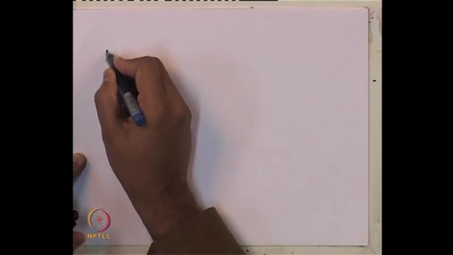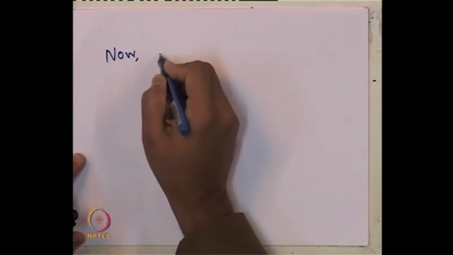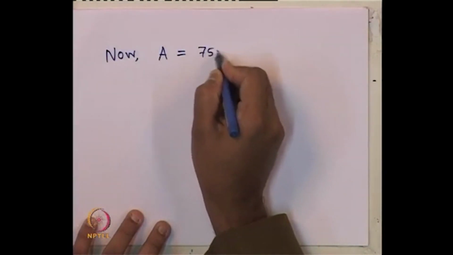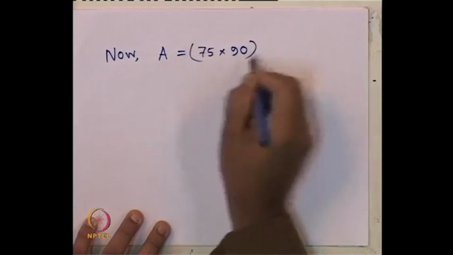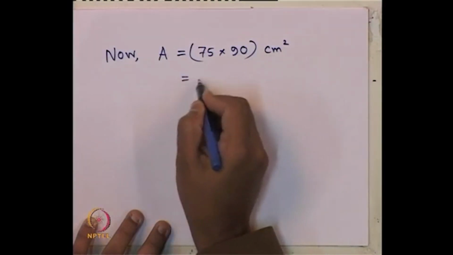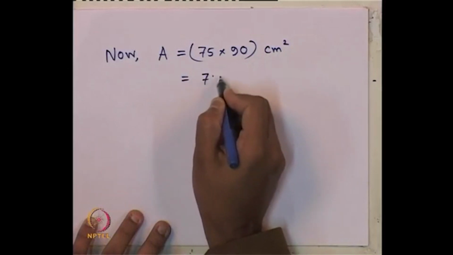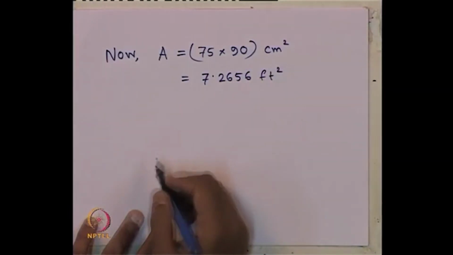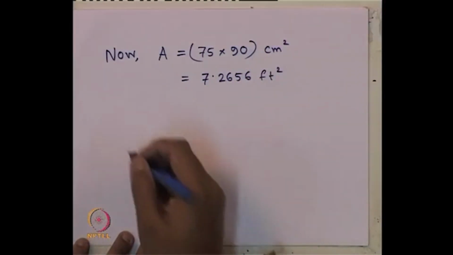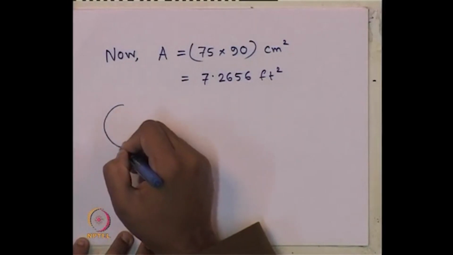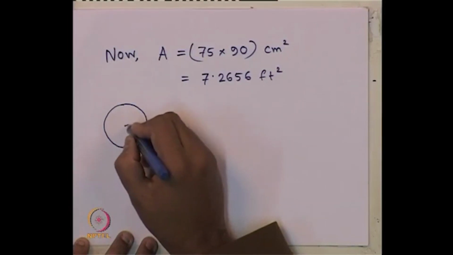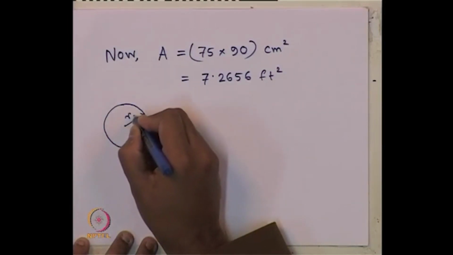Let us do that. So, with this dimension that we have provided, let us go back and calculate the area. Area is 75 by 90 centimeter square, which gives us 7.2656 feet square, from which we can find out the equivalent radius of a circular footing.